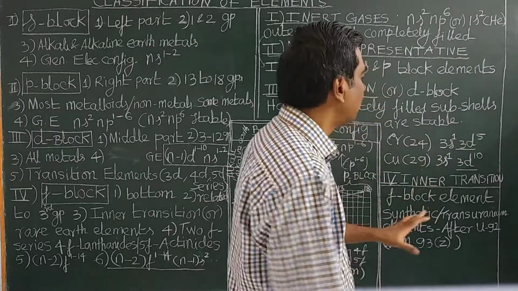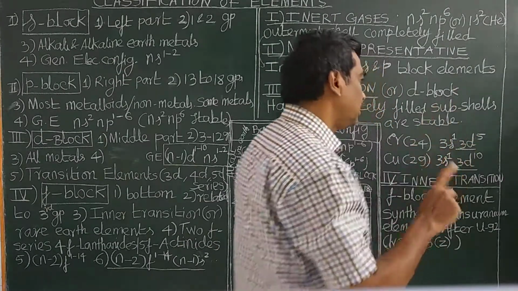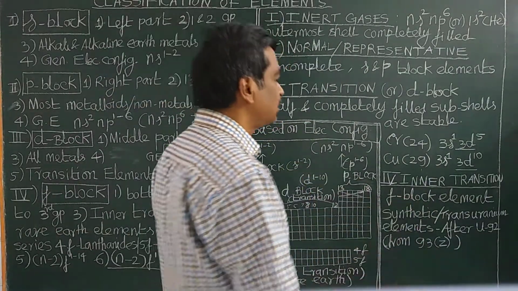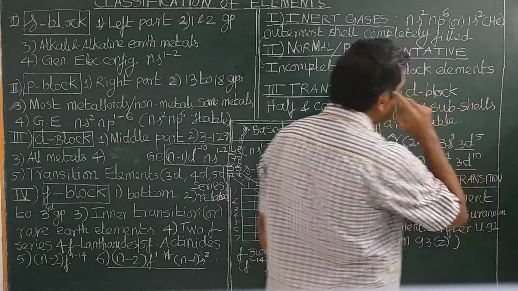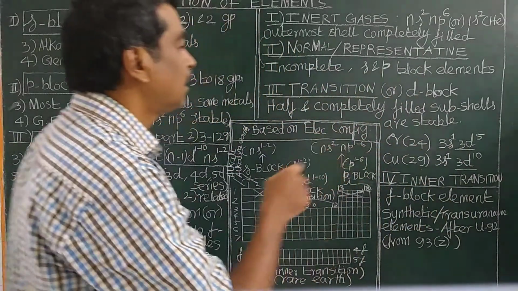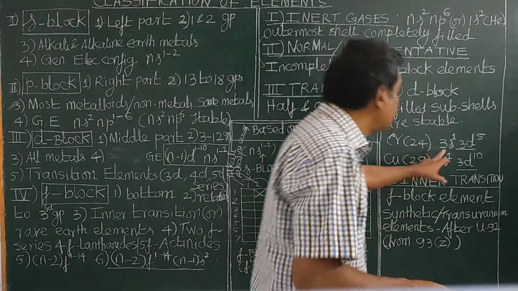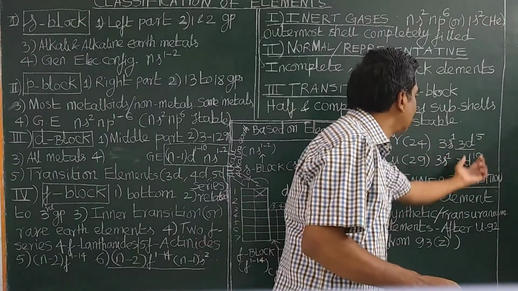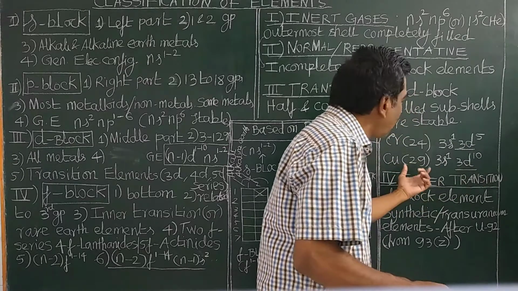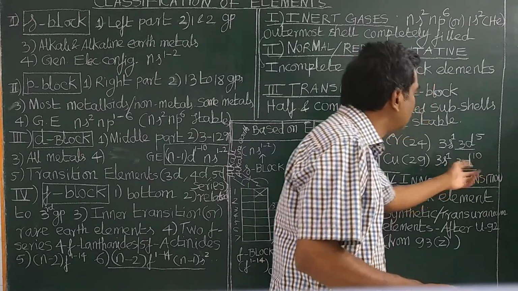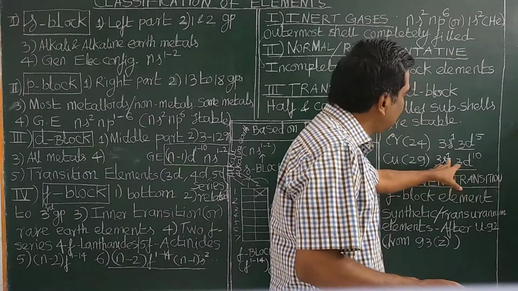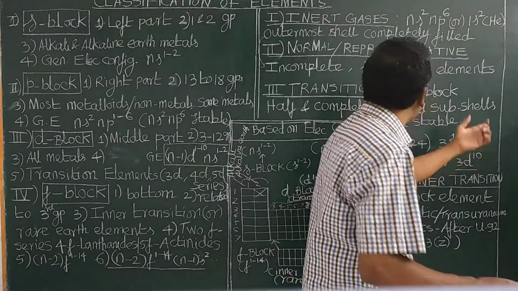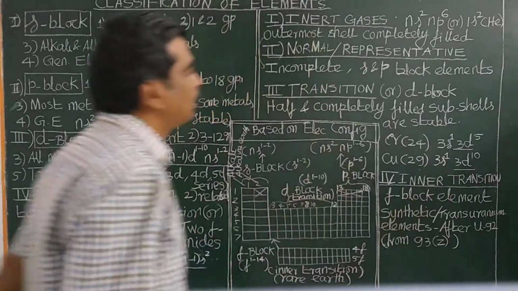For example, chromium: the expected configuration is 3d4 4s2, but the actual configuration is 3d5 4s1 because of the half-filled subshell. Similarly, in the case of copper, it is 3d10 4s1, whereas actually it should be 3d9 4s2. Therefore, half-filled and completely filled subshells are more stable.